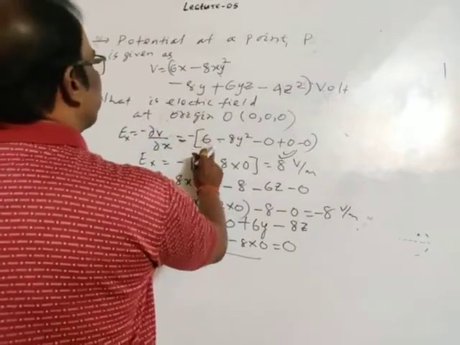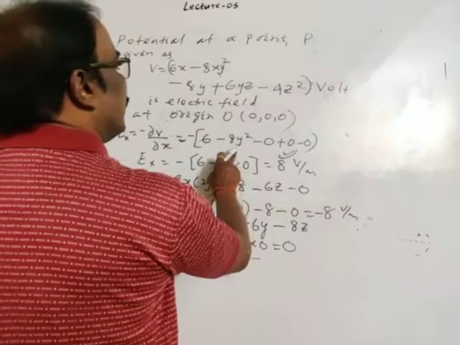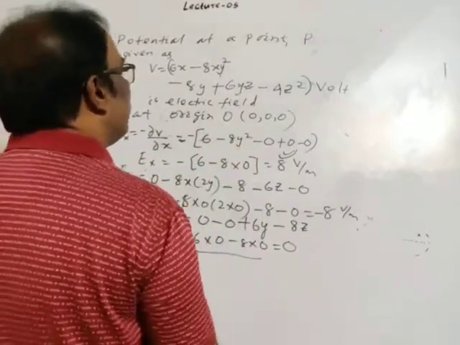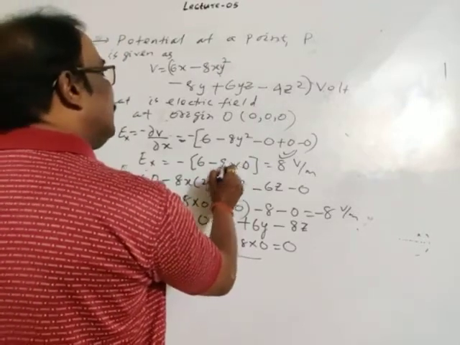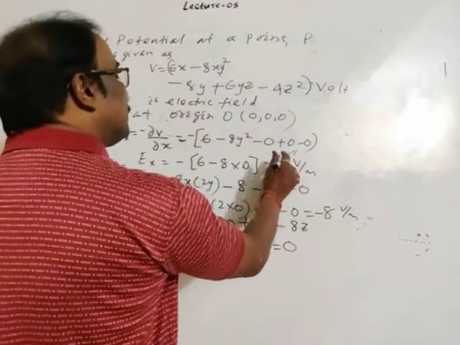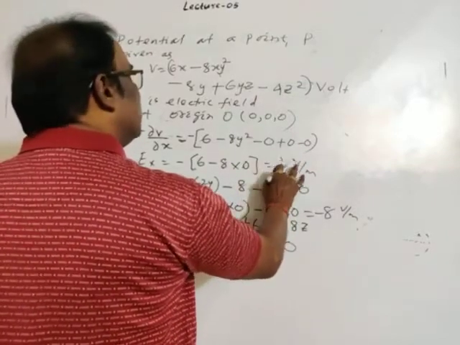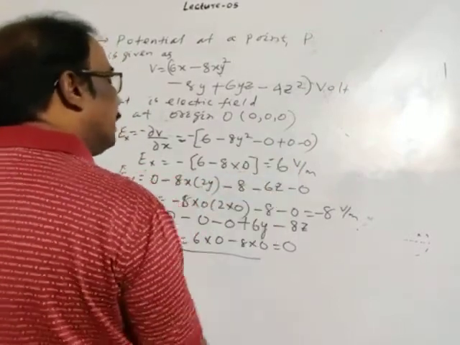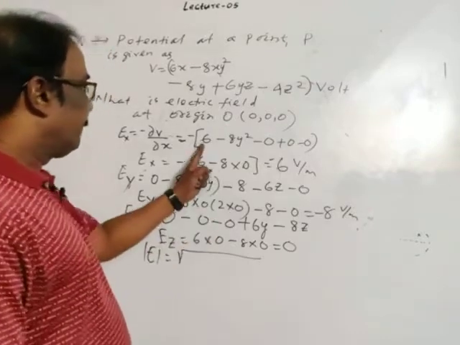Six x, 1. 8y square, y is 0, so this is 8, not 6. Sorry, this is 6, 8 into 0, this is 6, minus 6. Some mistakes are there.